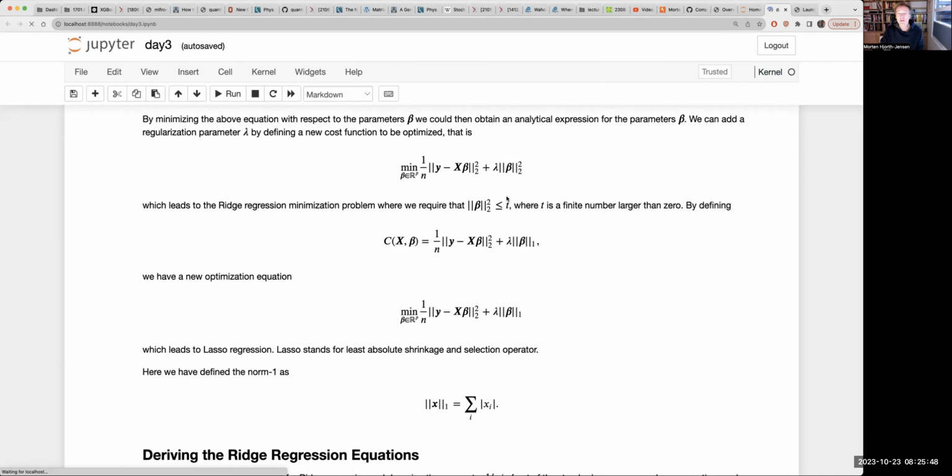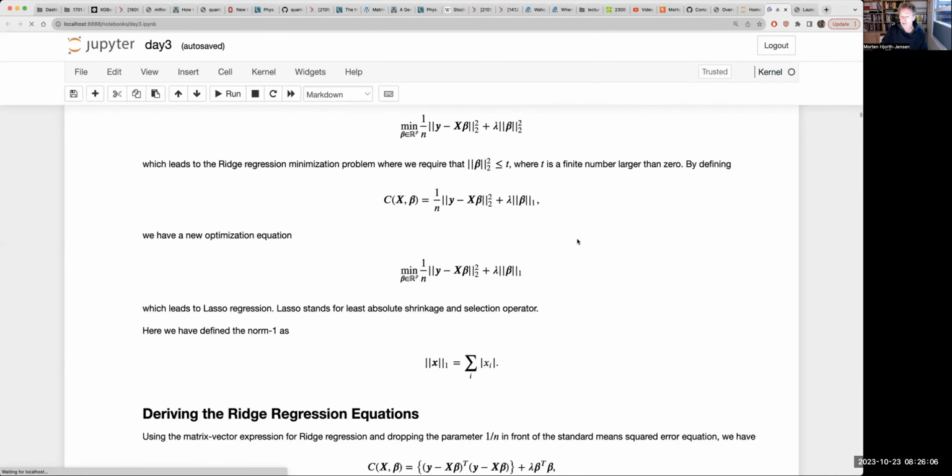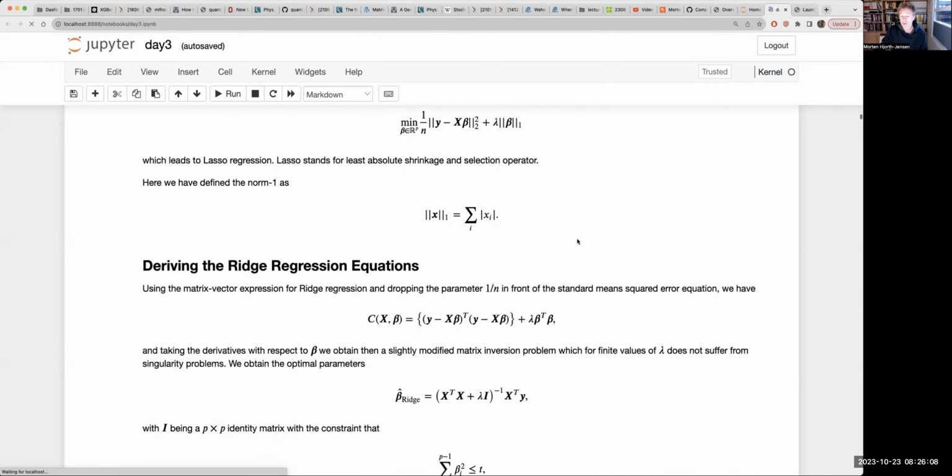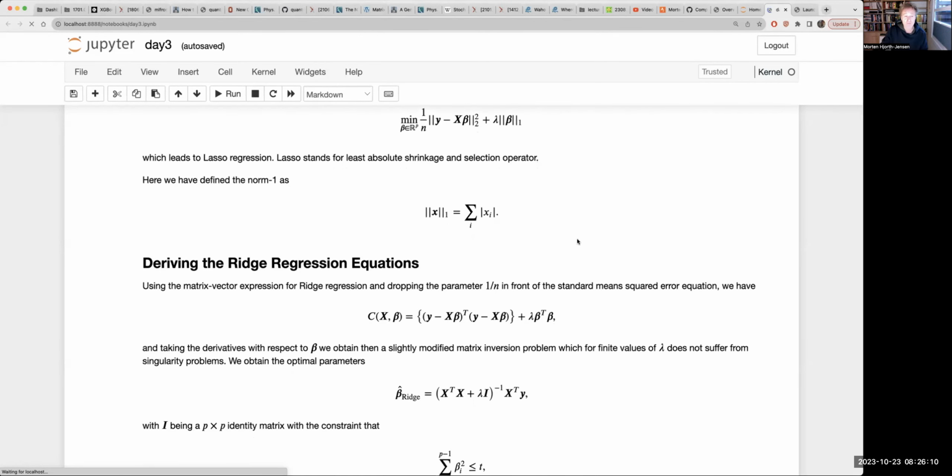Now, we did not care about the constraint on the beta values, and this is the standard first order implementation of ridge and lasso regression, but we could have actually put a constraint on it, and that would lead to a convex optimization problem with constraints, which is something we will discuss a little bit later when we introduce a method which is called support vector machines.